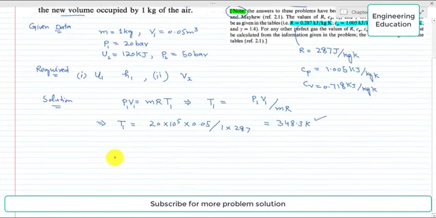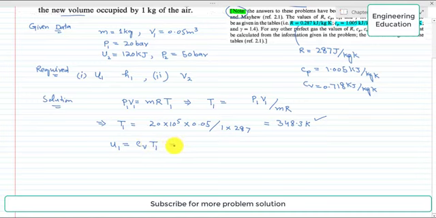Once we find the value of T1, we can easily find the value of small u1, that is the specific internal energy, and from Joule's law it is equal to Cv times T1.